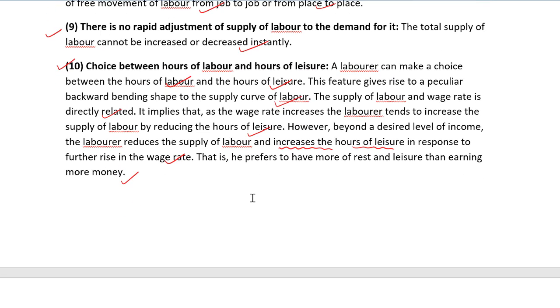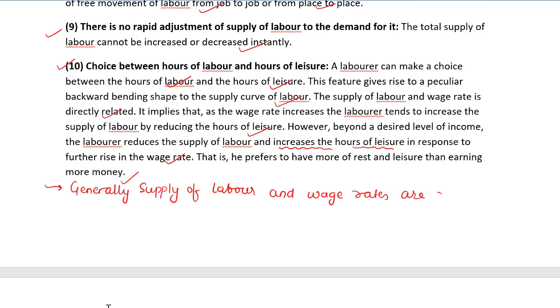Before we move ahead, let us write something about it. Generally, supply of labor and wage rate are directly related, as a general law of supply.